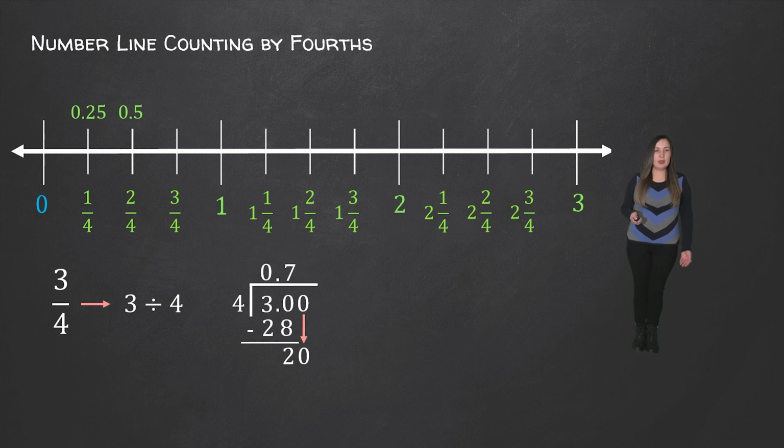So now we have 20, and we ask ourselves, how many times does 4 go into 20? Well, 4 goes into 20 5 times, and that's because 4 times 5 is equal to 20. We're going to go ahead and write the 20 below, and then subtract. 20 minus 20 is equal to 0, so 3/4 is equal to 75/100.